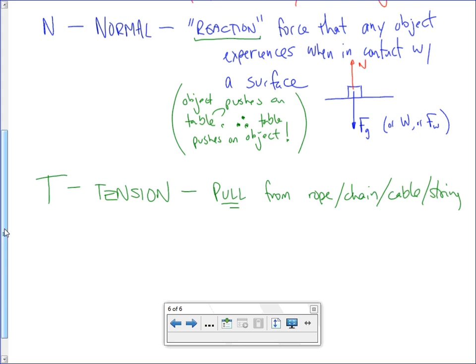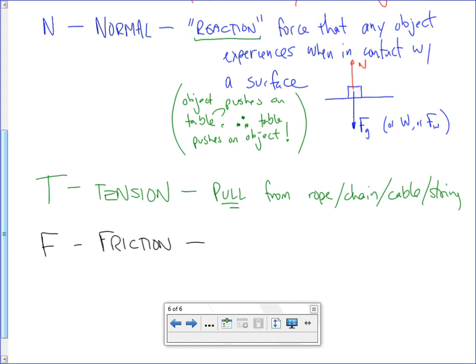And finally, give me an F. F, any guesses? I can hear you. You yell loud enough. Friction. Friction's a tough one.